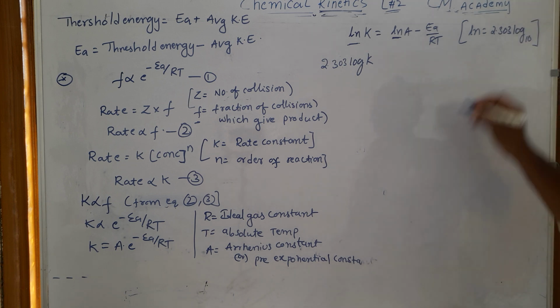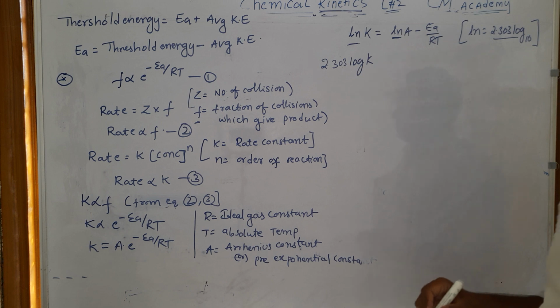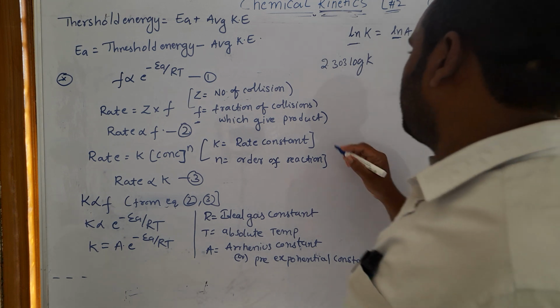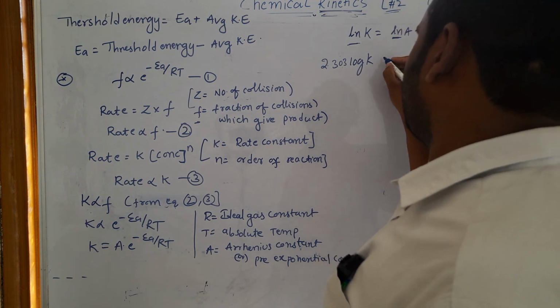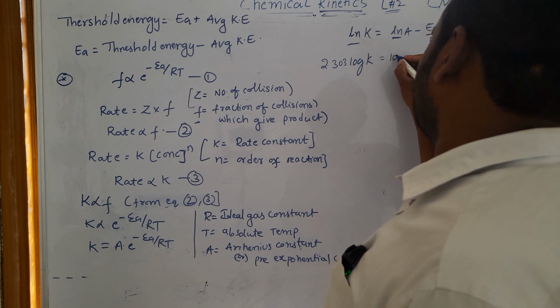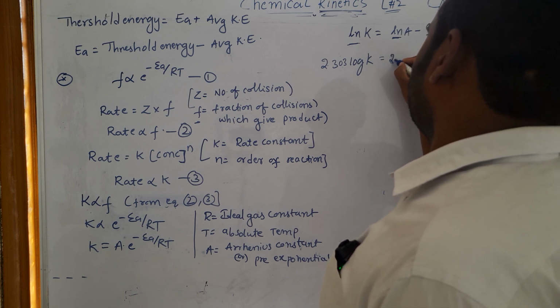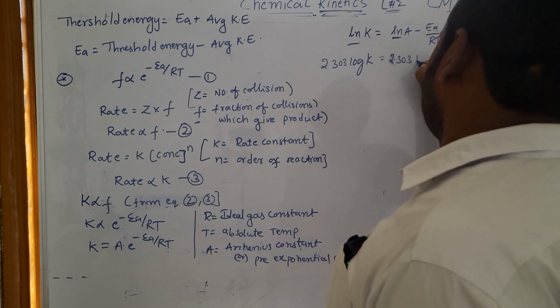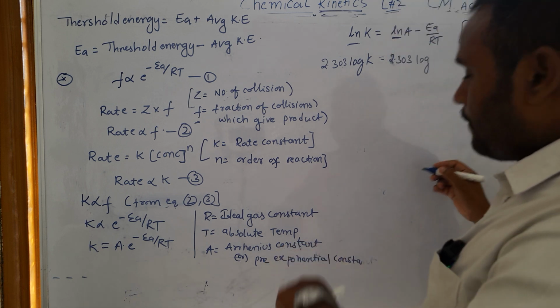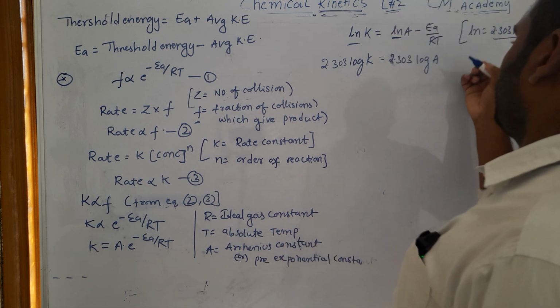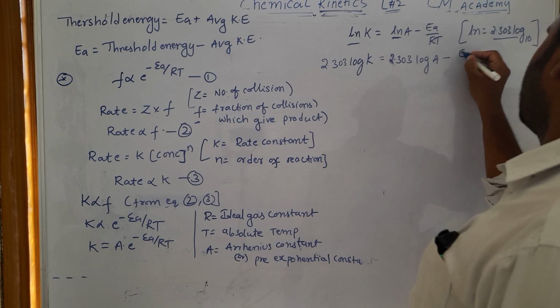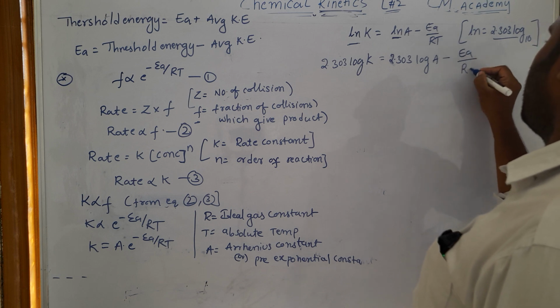So in the place of ln, we can write 2.303 log base 10. So 2.303 log k is equal to 2.303 log A minus Ea by RT.